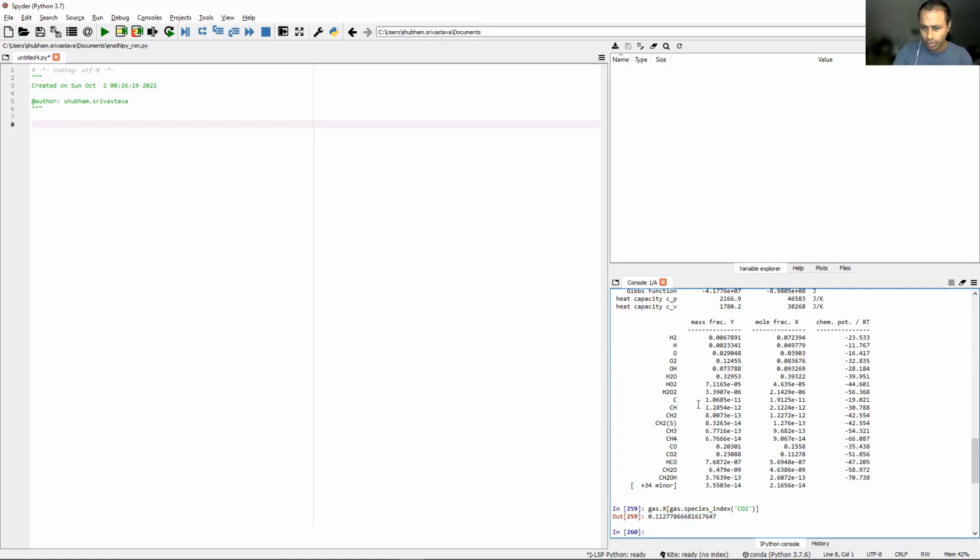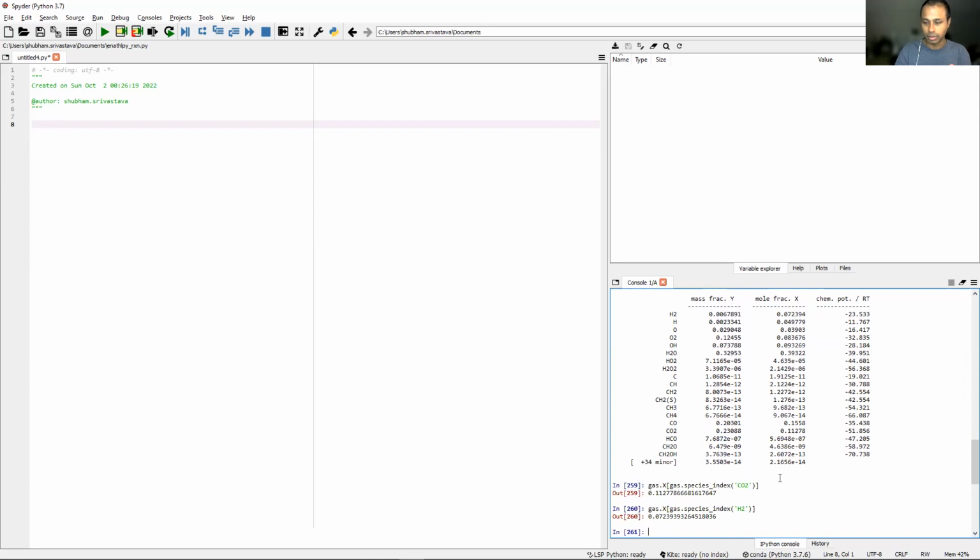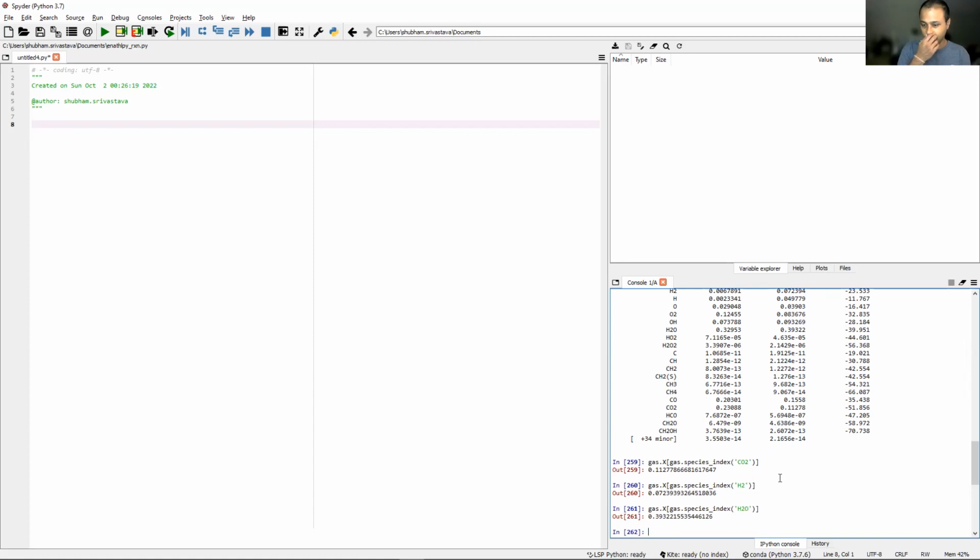And you can probably match it from here as well. So here, see, 0.11278, that is the mole fraction. Now, if you want the mole fraction of water that was created, you just write H2O. Oh, that's hydrogen. Just write O here as well. And so about 40% of the products are water, and 11.2% by volume of products is carbon dioxide.